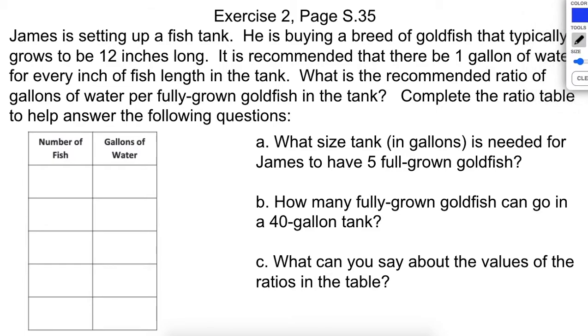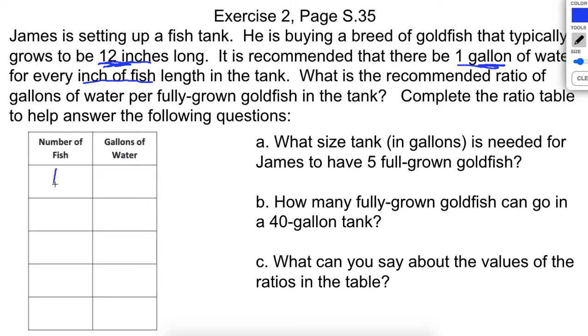Now this one's kind of an interesting one. Typically the fish grow to be 12 inches long. We need 1 gallon of water for every inch of fish. But look at our chart here. It's number of fish and gallons of water. Every fish is going to be about 12 inches long, so they need 1 gallon for every inch.